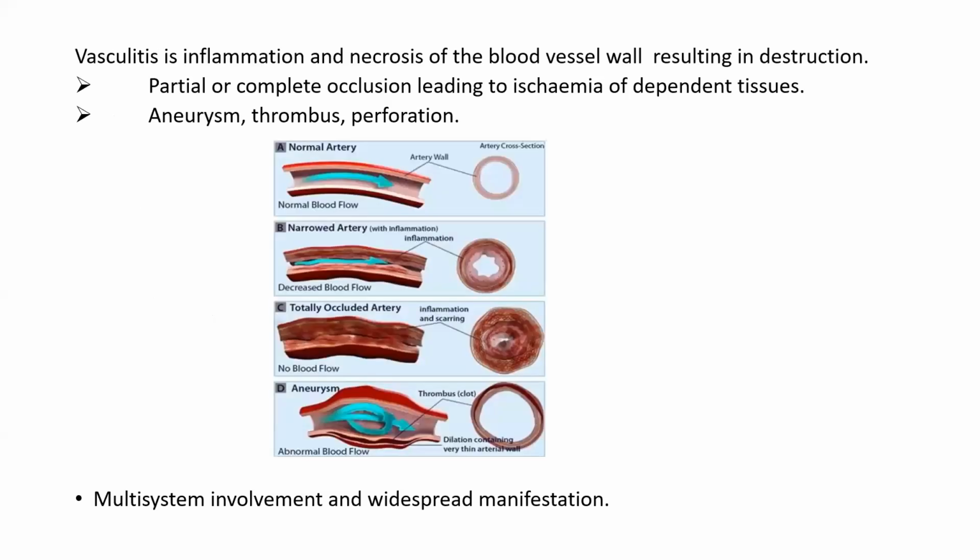So vasculitis is inflammation of the blood vessels, and it causes necrosis of the blood vessels, resulting in destruction. It leads to occlusion of the blood vessels, which may be partial or complete, and this will result in ischemia of the dependent tissues.